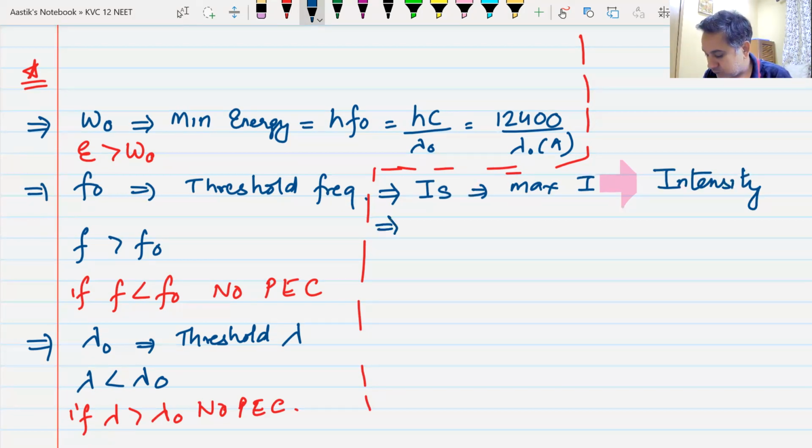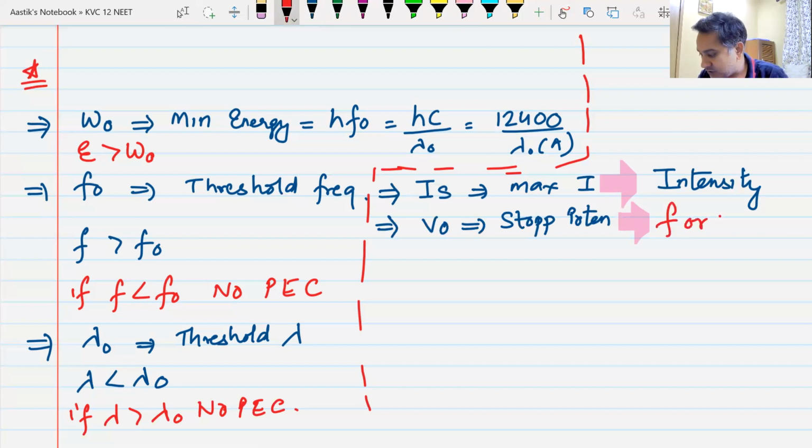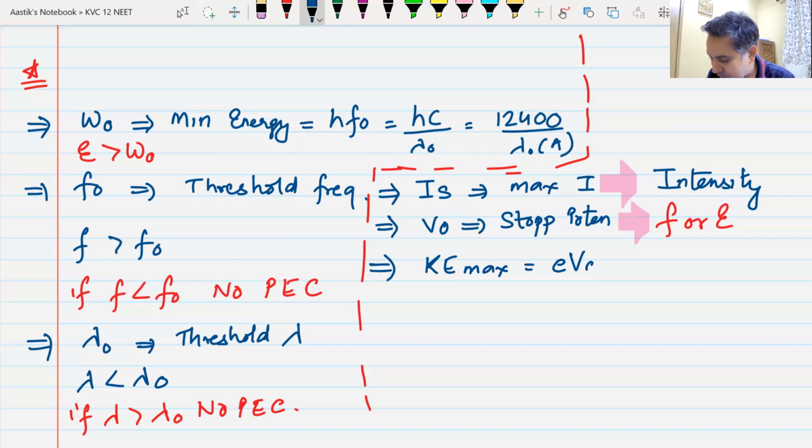Next point. V naught, stopping potential. It depends on what? Frequency, well done. It depends on frequency f or energy E. Then the formula that we had seen, KE max is equal to e into V naught.